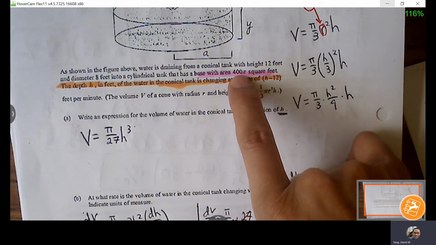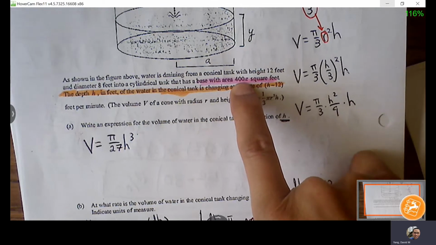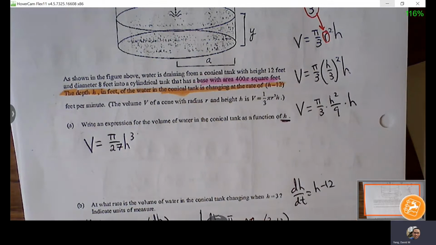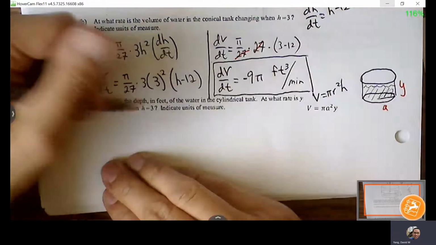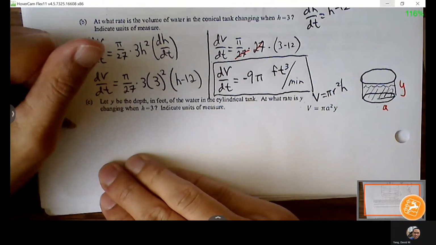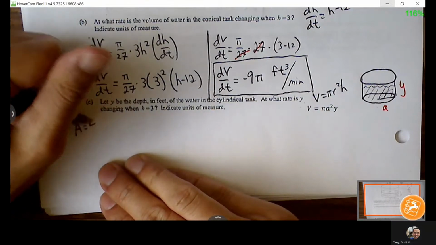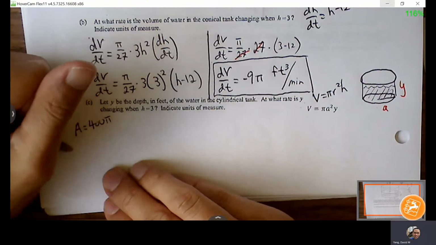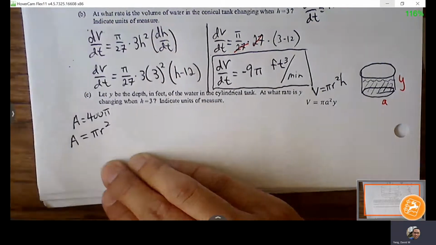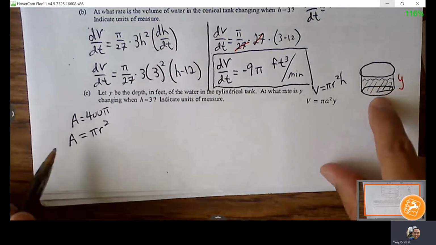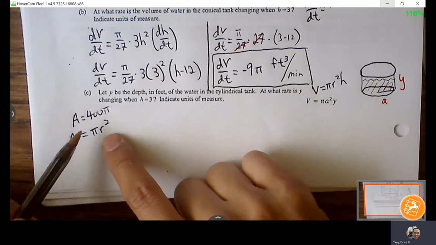What shape is the base of that cylinder tank? It's a circle. Okay, so area of a circle is 400 pi. So we have to use that knowledge now, okay? Okay, the base of the cylindrical tank is pi r squared.